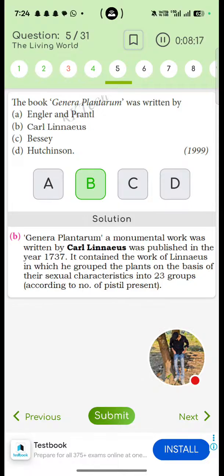It contained the work of Linnaeus, in which he grouped the plants on the basis of their sexual characters into 23 groups, according to the number of pistils present.